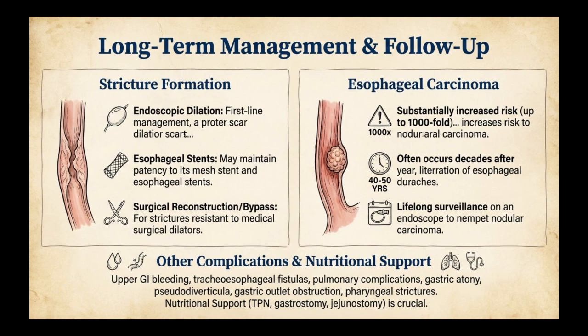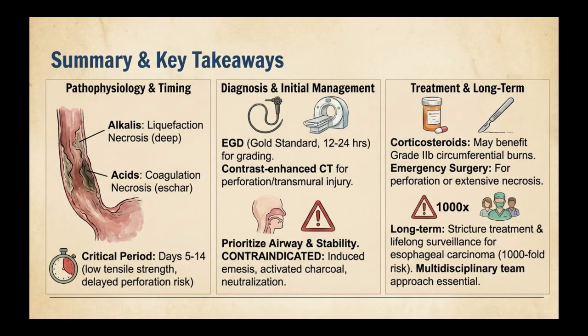This team often includes emergency care physicians and toxicologists, general and thoracic surgeons, anesthesiologists, gastroenterologists and otolaryngologists, radiologists, nurses, nutritionists for dietary planning and support, and mental health practitioners for psychiatric evaluation and support, especially in intentional ingestions. Smooth coordination among these professionals has been shown to improve patient outcomes.